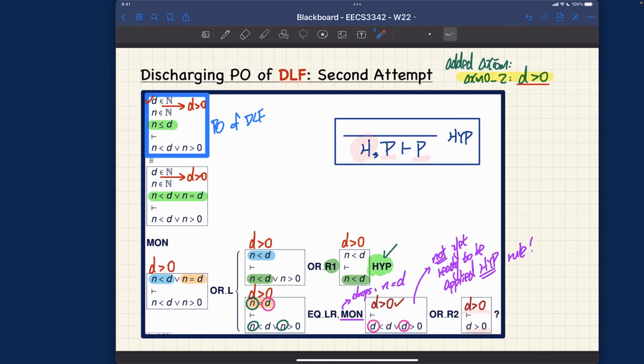That's okay, right? So that means we can now finally apply the hypothesis rule. So we are no longer stuck over here. So what we're going to do is we're going to say hypothesis, and we are done. Okay, so this case will also check. So this is a completed proof.